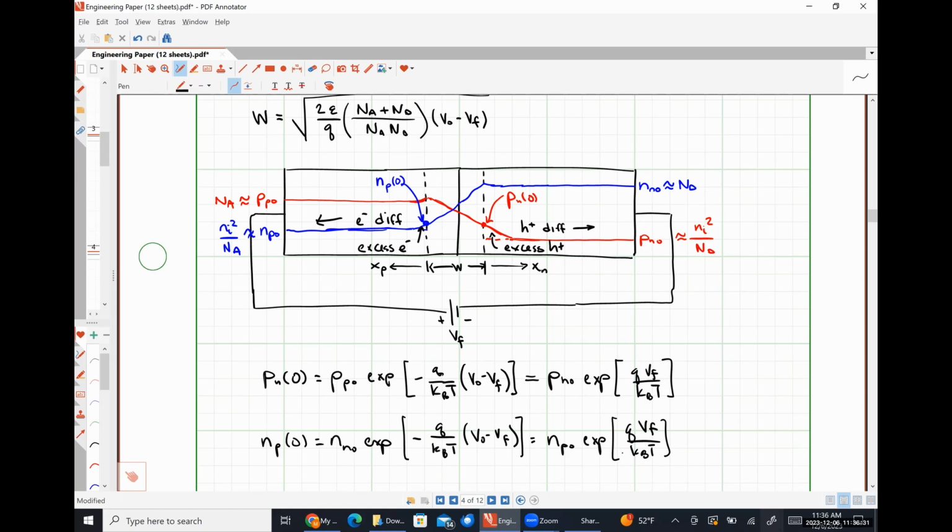So what would it be? L_p is the average distance into the crystal one of these excess holes travels before it finds an electron to recombine with, right? If we look at our carrier concentration levels here, even at the edge of our space charge layer, we have some amount of excess holes. Between here and here is the delta P_n as a function of x.